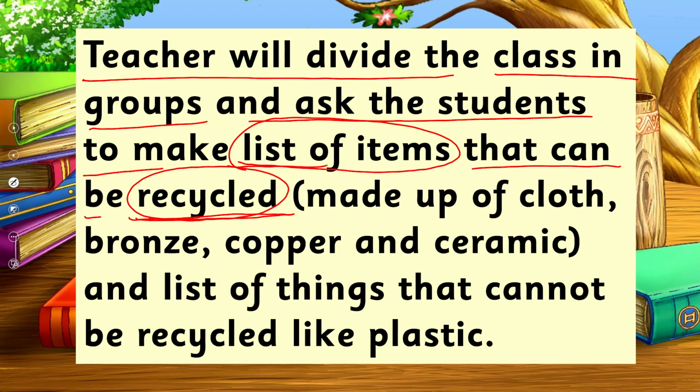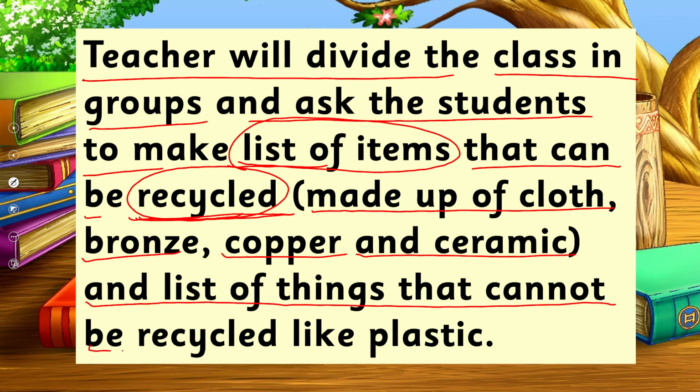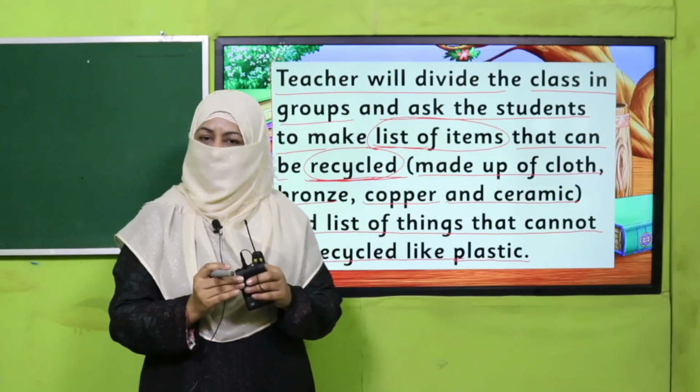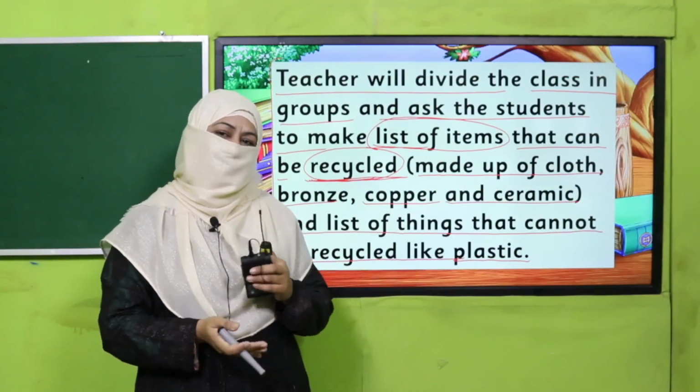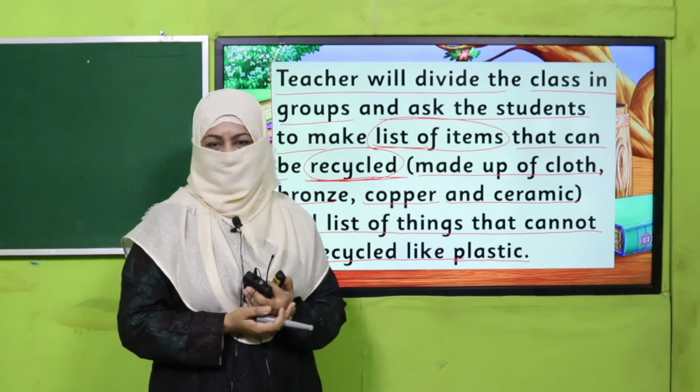Today in your classroom you are going to make a list, and for recycling keep in mind things made of cloth, bronze, copper and ceramics, and a list of things that cannot be recycled, like plastic. Look around, think about the things, make a list in a group, discuss with your group fellows, and show it to your teacher. Pause the video, enjoy the activity and then come back.